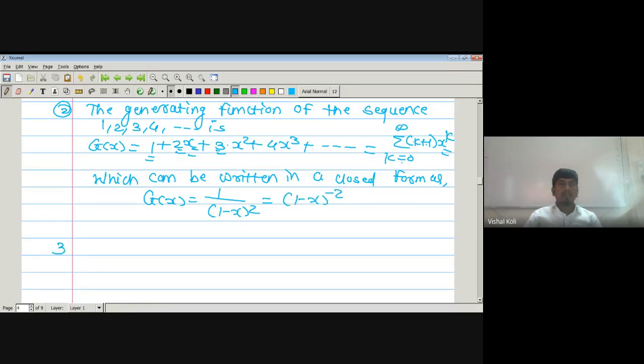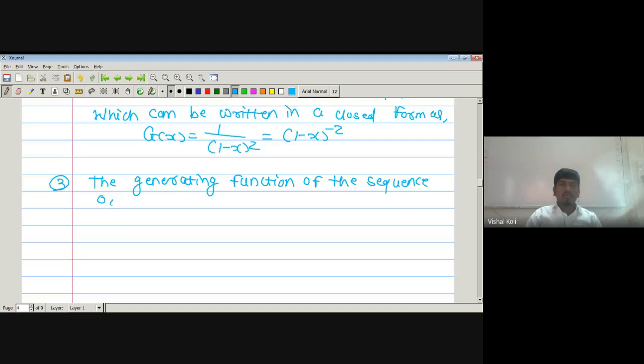Okay, now the third example will be the generating function of the sequence 0, 1, 2, 3, 4 and up to so on. g of x is equal to a0, that is 0, plus a1 into x plus a2 into x square plus a3 into x cube plus up to so on, which is nothing but summation k running from 0 to infinity k into x raised to k.